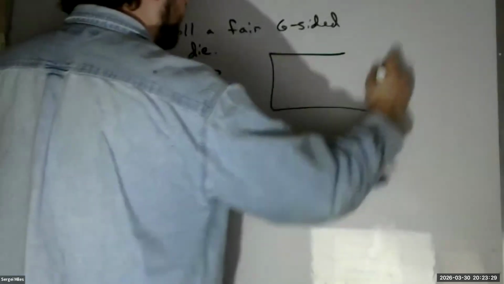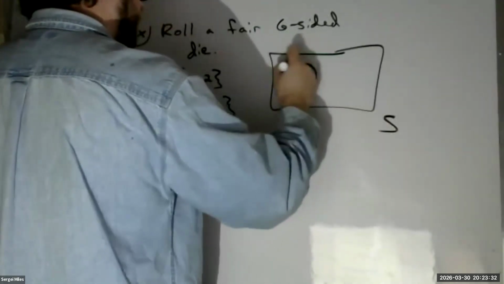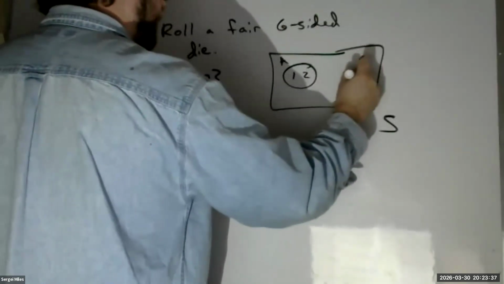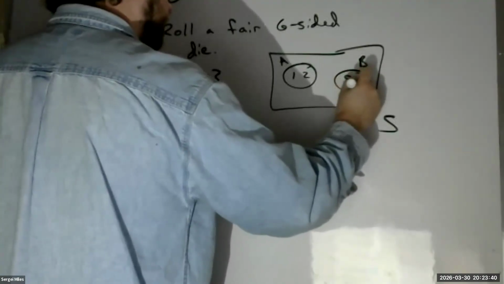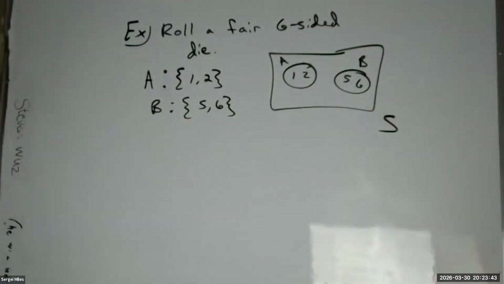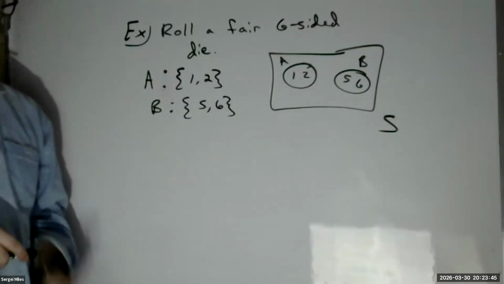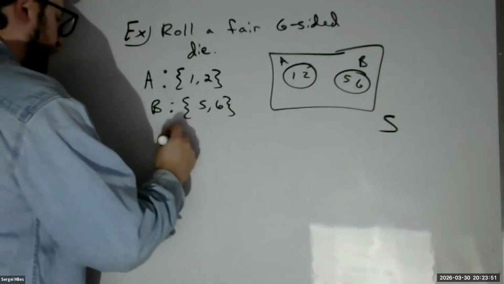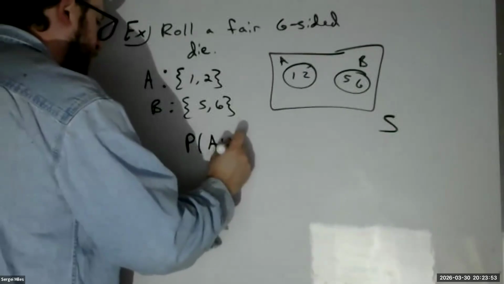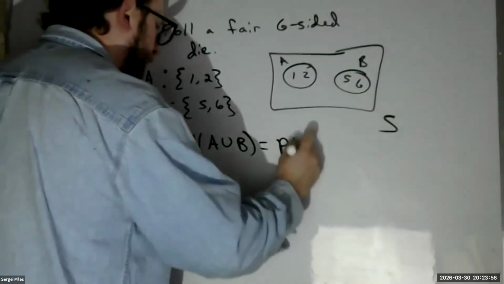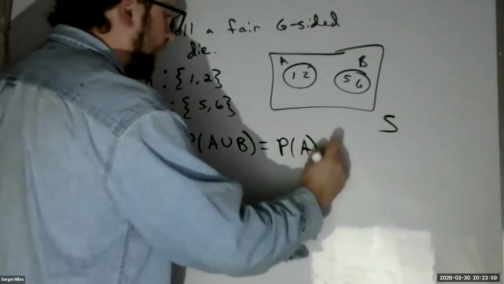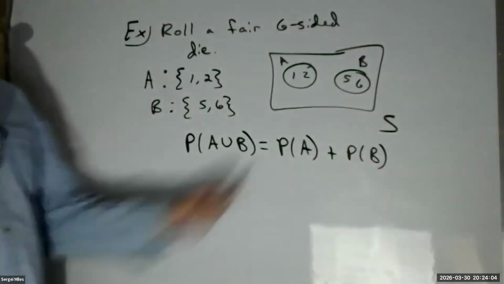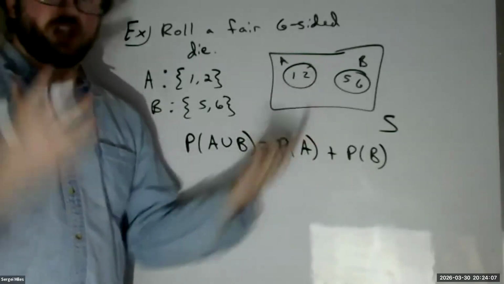Well, in terms of drawing our Venn diagrams now, A has 1 and 2 inside of it. B has 5 and 6 inside of it. But my two sets, they don't share anything in common. Their intersection is empty. So now, if I were to try to calculate the probability of their union, well, the probability of A, that gives me everything inside of A, plus the probability of B, that gives me the probability of B. But now, since there is no overlap, they don't share anything in common, right?